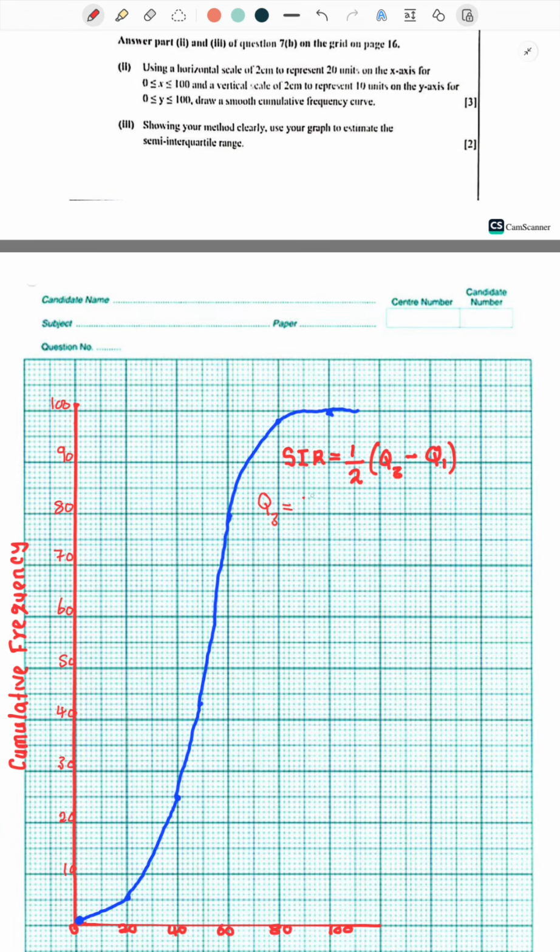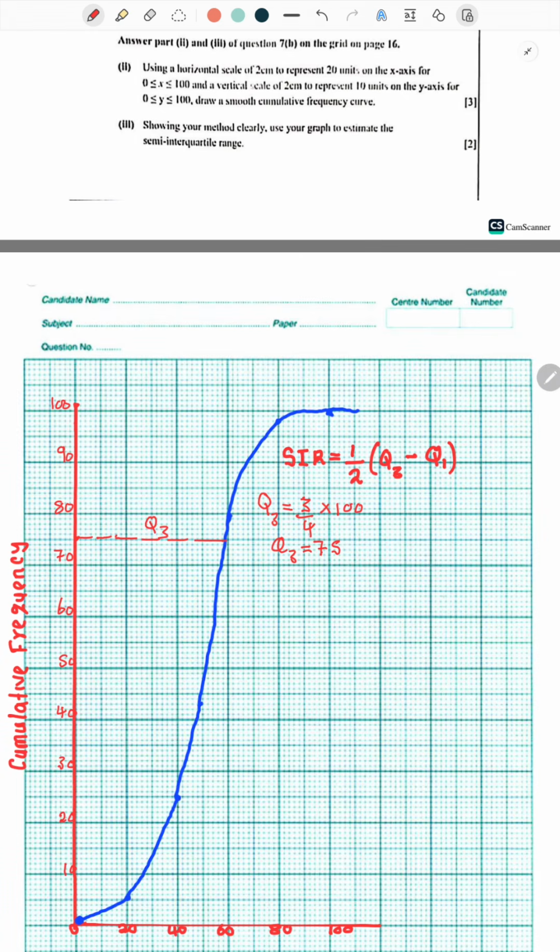A quarter is 1/4, so the third quartile is 3/4 multiplied by 100. 3 multiplied by 100 gives 300, then divide by 4, and you get 75. So you go where 75 is, at this point, then you draw a line.